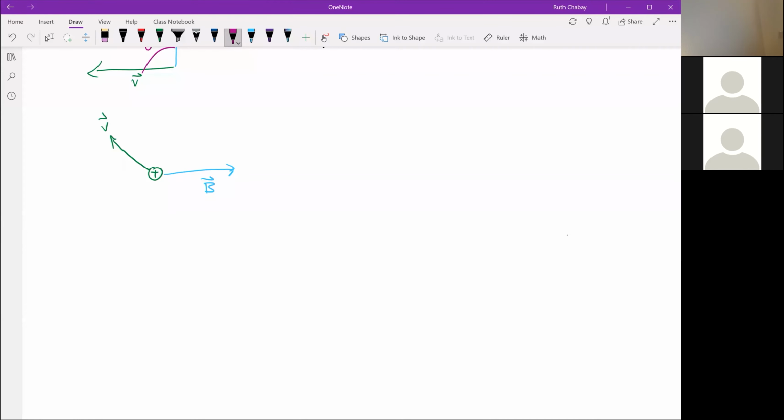And let's say that this angle is 140 degrees. And let's say that the speed is 2 × 10⁵ meters per second. The magnetic field is 4 Tesla, and the charge, it's a proton, so it's 1.6 × 10⁻¹⁹ coulombs.